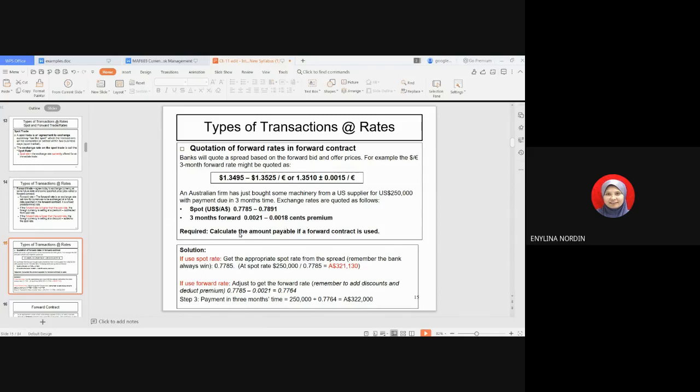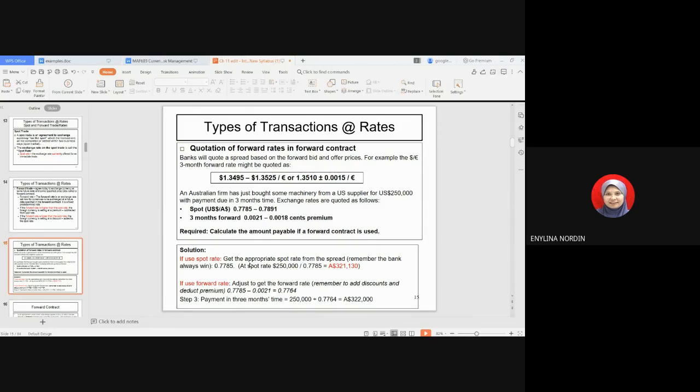If you are using the spot rate, the spot rate is between 0.7785 to 0.7891 per Aussie dollar. So the question is which rate the bank will use in this case. You have to know whether the company is buying the currency or selling the currency.